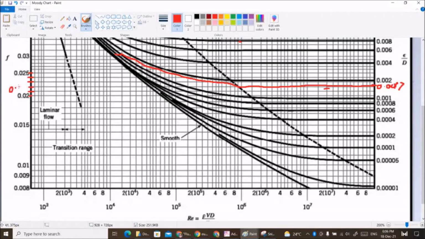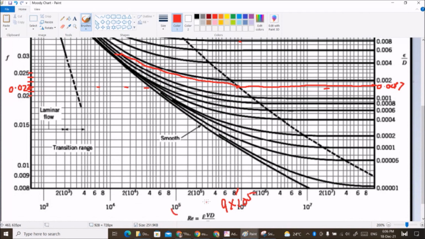So 0.022. So we'll come here along this line where it cuts here. The Reynolds number is around 9 into 10 to the power 5.